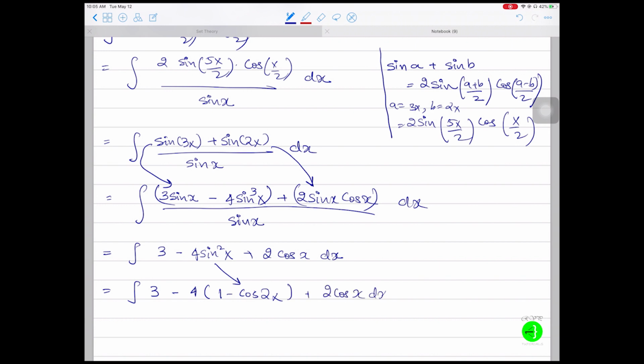So we are left with 3 minus 2 times 1 minus cosine 2x, which gives 3 minus 2 plus 2 cosine 2x plus 2 cosine x dx.